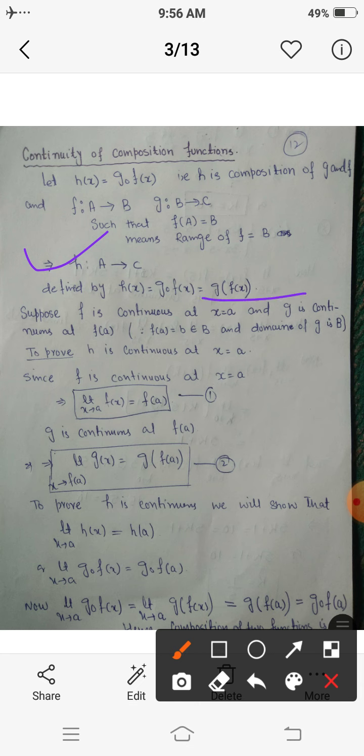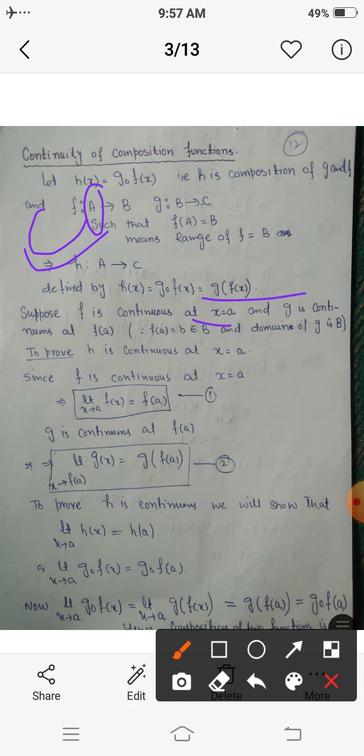Now suppose we are given that f is continuous at point a, where a is a point of the set A, and g is continuous at point f of a, because the domain of g equals the range of f.